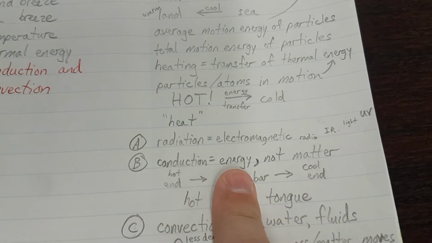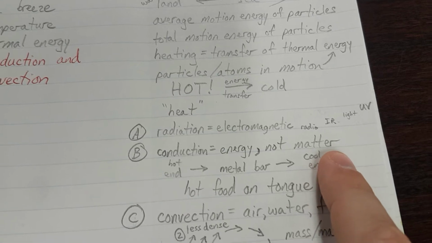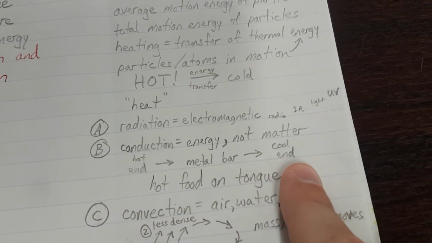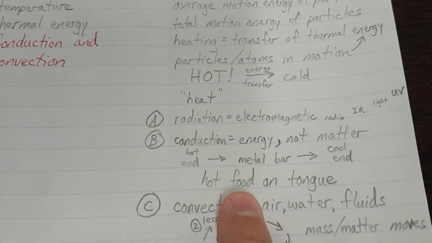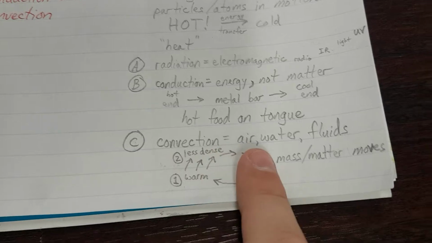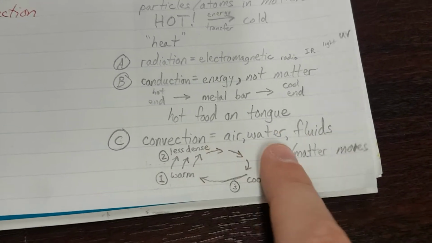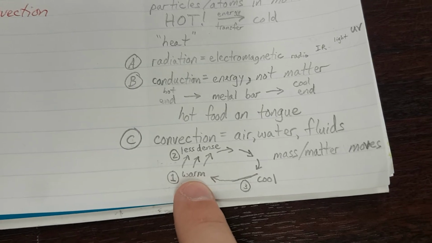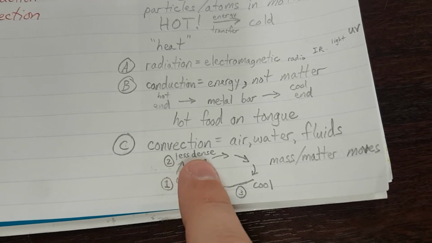Conduction is when energy transfers but matter does not move. For example, the hot end of a metal bar transfers energy toward the cool end, or hot food on our tongue feels hot. Convection is when a fluid moves, like air or water. Warm fluid, warm air, warm water becomes less dense and rises.